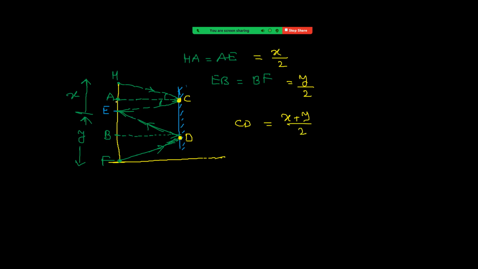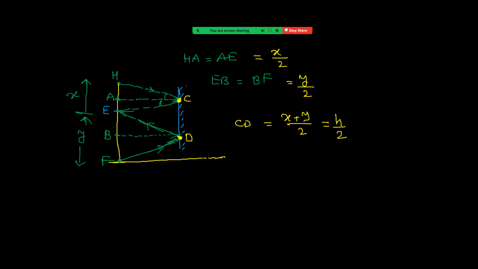See carefully, AE plus EB is (x plus y) by 2, where his height is x plus y. This is half of his height. That means the minimum length we require is half of his height. Then he can see his full image.